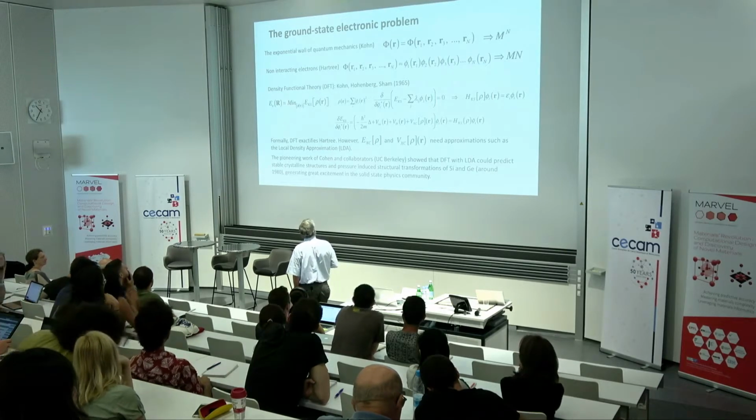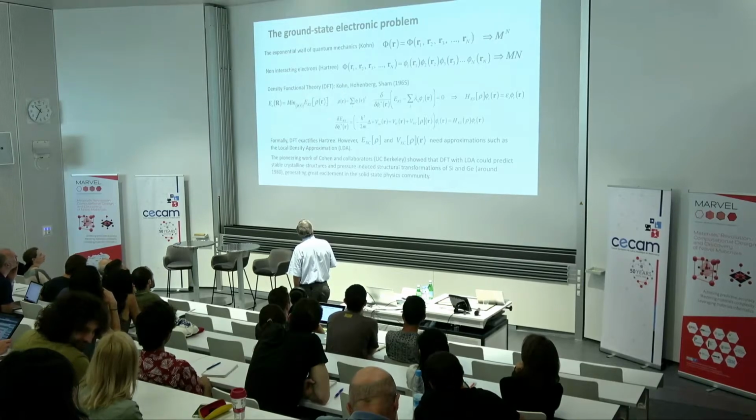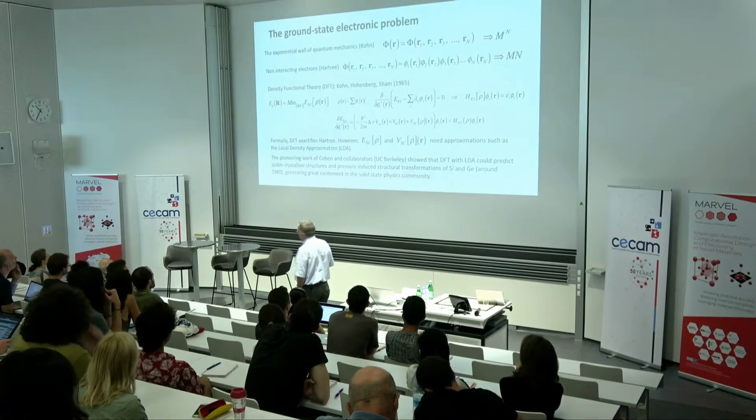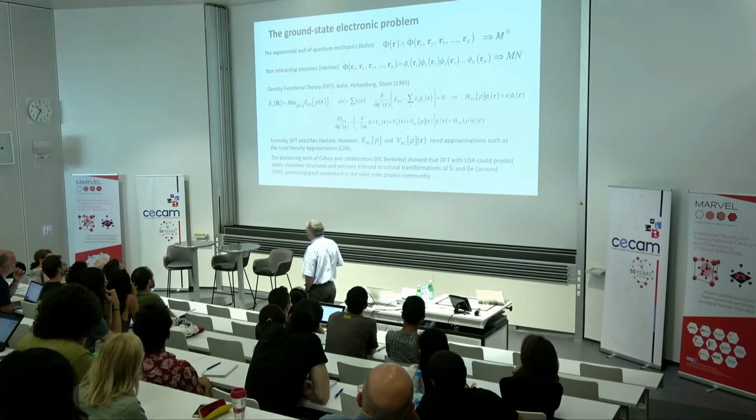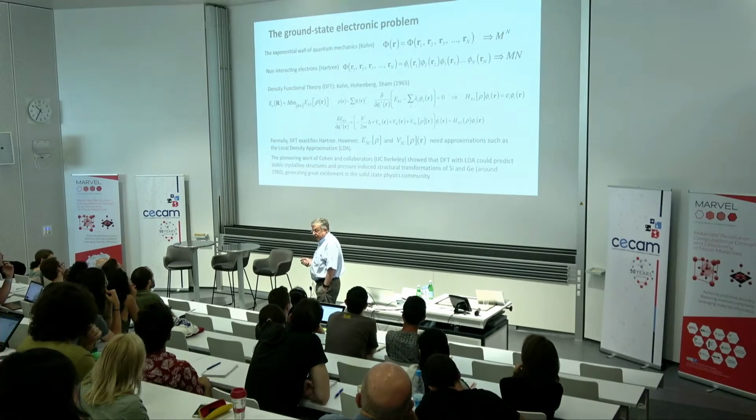And so in the Kohn-Sham form, density functional theory says that this electronic ground state energy is a functional of the electronic density.